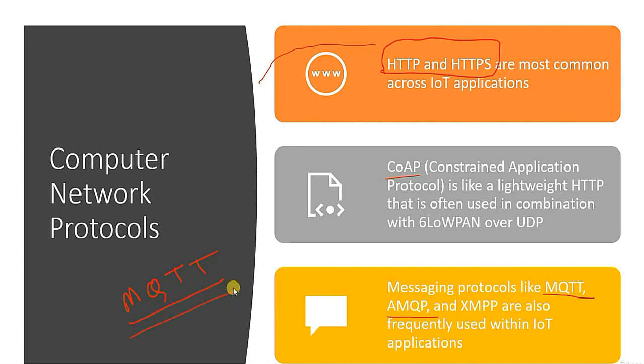We'll see about all these protocols when we create an application with them. For now, let's see how we can use HTTP for creating an IoT application. If you have to use HTTP to send data, then it has to be in the form of GET or POST requests, like xyz.com/?my_temperature=something. So this is how data can flow through HTTP.